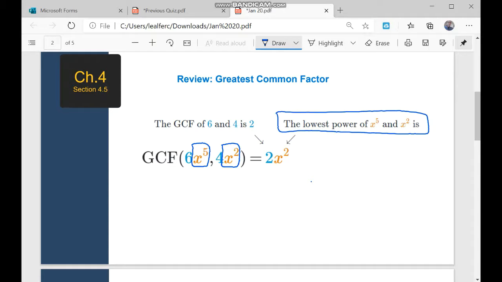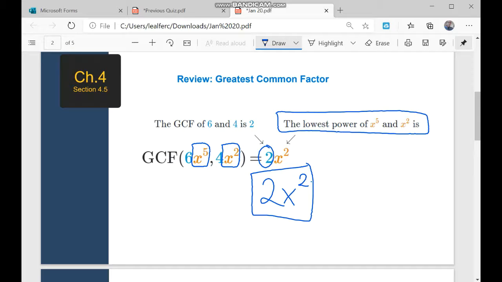If you have, for example, 6x exponent 5 and 4x exponent 2, the common factor of the coefficients is going to be 2. And if you compare the factors that have the variable x, you choose the one with the lowest exponent. So it's 2x squared, 2x exponent 2.